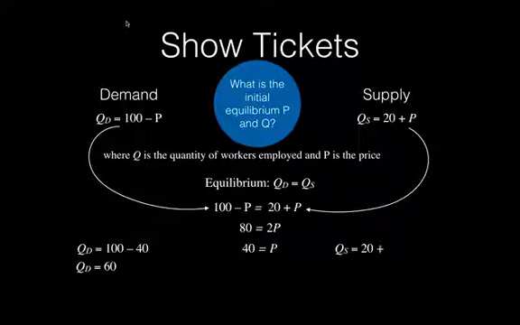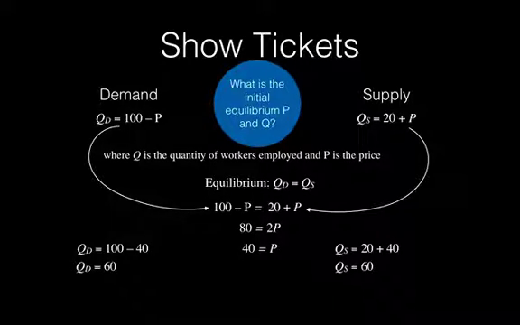So we do the same for the supply. We put 40 in for P, so we have 20 plus P, and that gives us a quantity supplied of 60. So we got the same answer, so we can be very certain that we've gotten the equilibrium price correct because the quantity demanded and the quantity supplied are equal to one another at that equilibrium price. So there's our initial equilibrium.